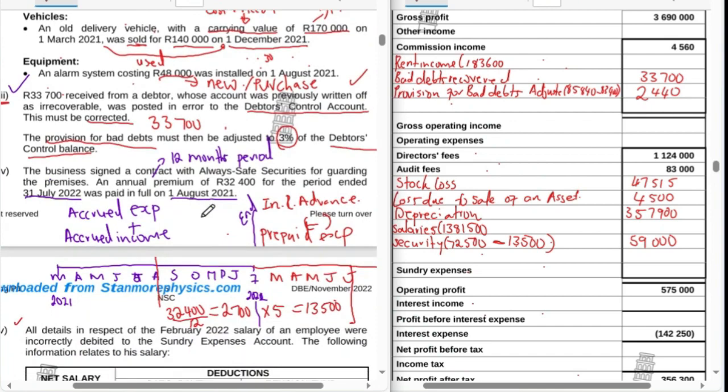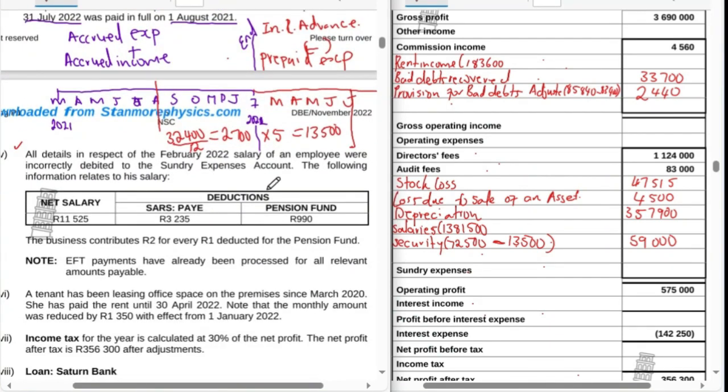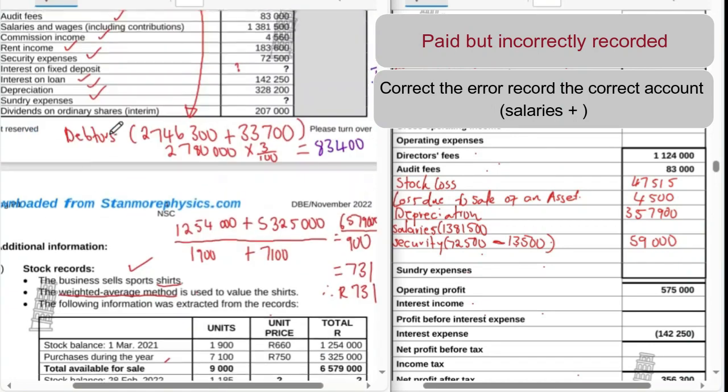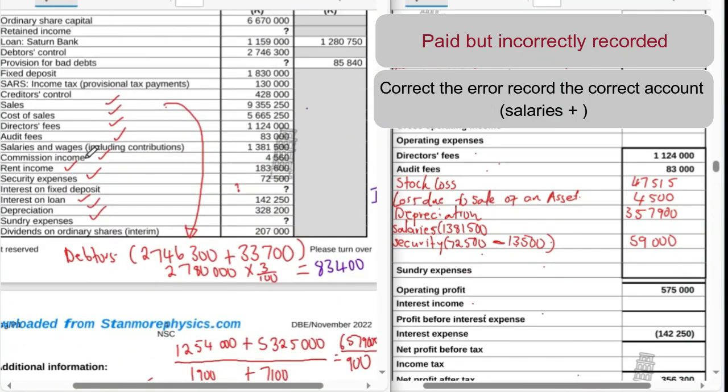Under salaries, as the information has been given to us, the following information relates to salaries: net salary, and then deductions such as SARS pay and pension fund. And then we know that the opening amount for salaries is 1,381,500, including contributions, meaning if ever there are contributions, then we need to include them.